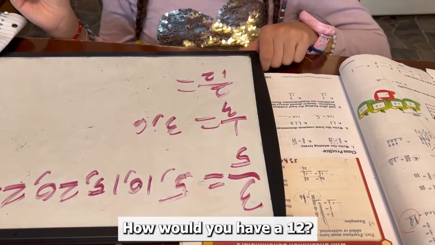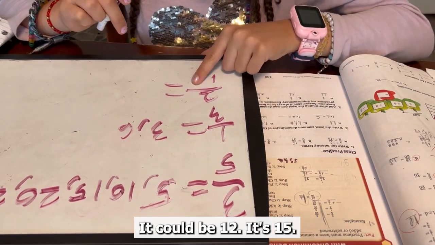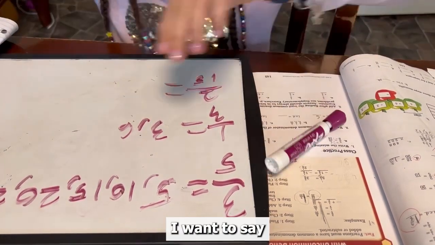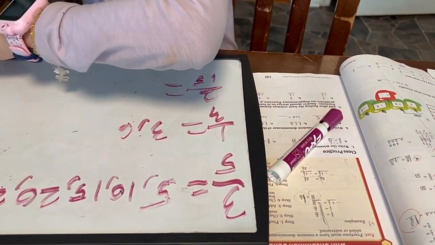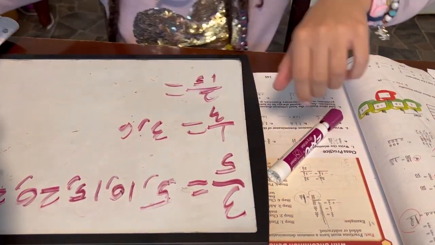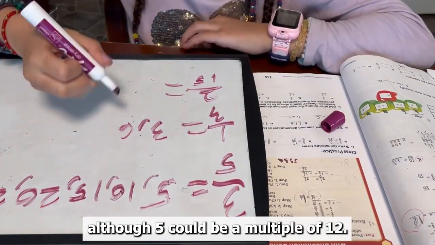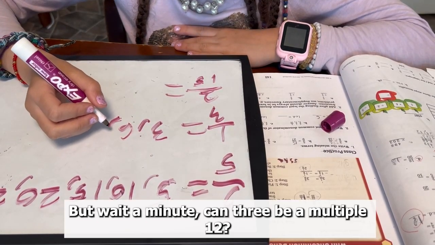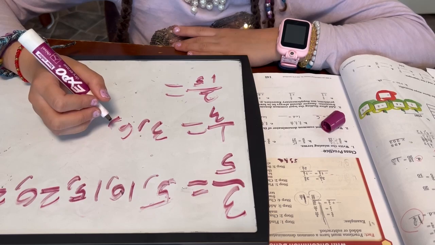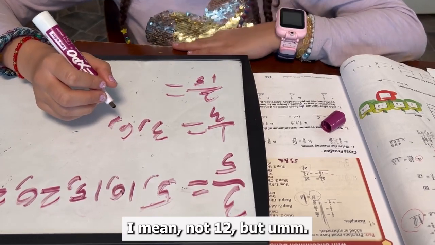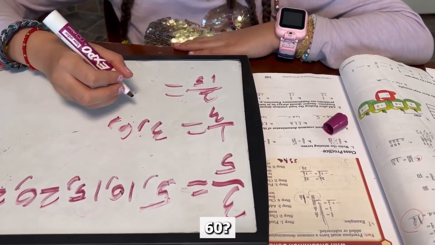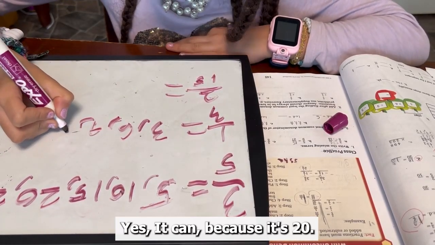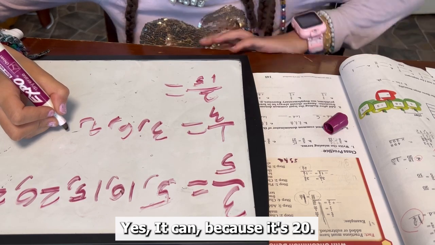How would you have a 12? Oh, it's a 15. It couldn't be 12. It's 15. Although 5 could be a multiple of 12. But wait a minute, can 3 be a multiple of 12? Yes, it can, because it's 2 times 3.